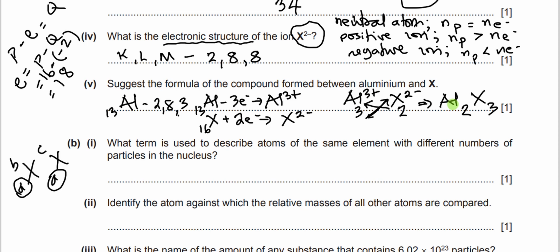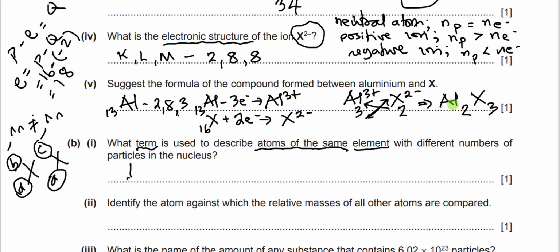But here you can see that their nucleon numbers are different. For their nucleon numbers to be different when their atomic numbers are the same, it means that they have different numbers of neutrons. The number of neutrons of isotope A is different from the number of neutrons of isotope B. What term is used to describe the atoms, not the phenomenon?